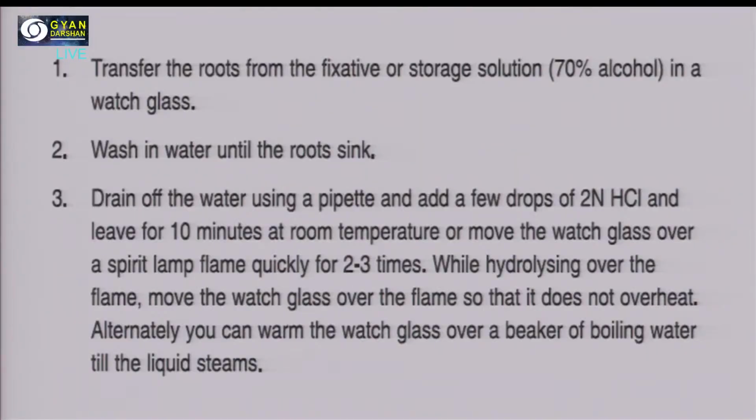Then, very gently and carefully while the hydrolyzing process is going on, you move the watch glass over the flame, but be careful, don't overheat it. Alternatively, you can just warm the watch glass over a beaker of boiling water till the liquid steams.